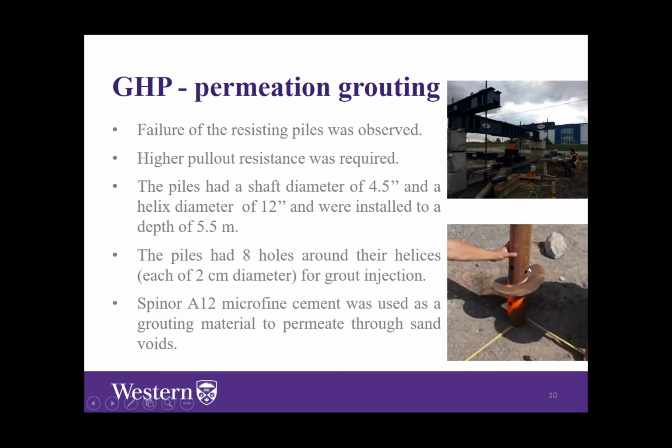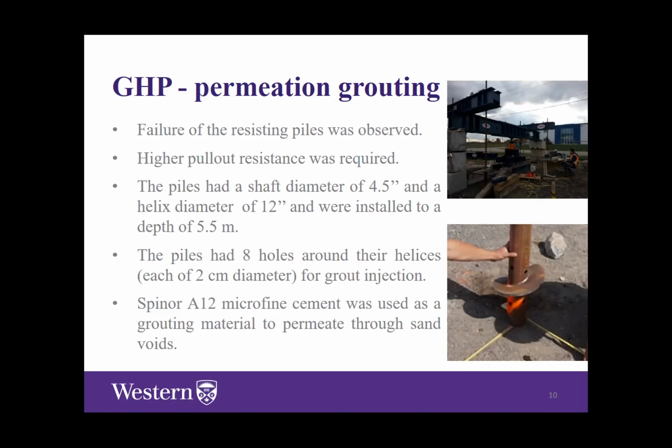So we thought, why don't we create 8 holes around the pile helix, and through these 8 holes we inject grout using microfine cement. What is microfine cement? Ordinary Portland cement can't permeate through the soil voids, especially if the soil has some silt components.